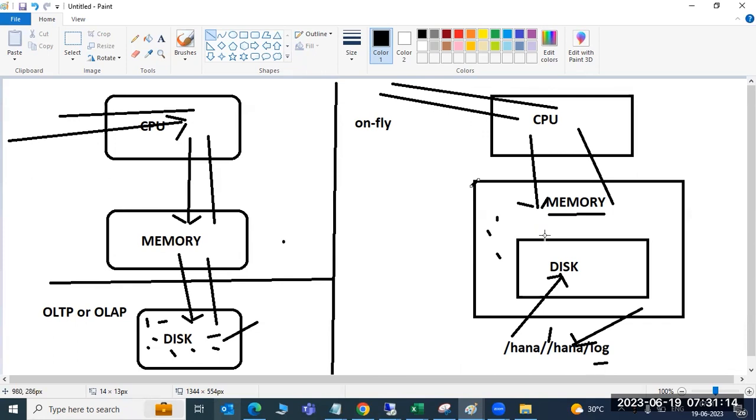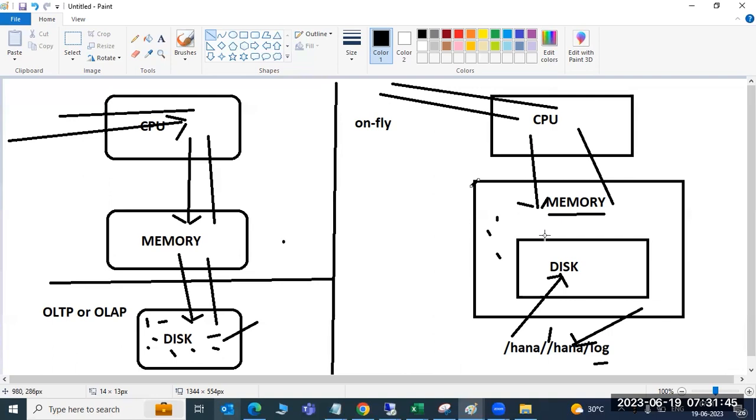Okay, this is a small introduction to the HANA database. HANA is an in-memory based, column-oriented, columnar database. Other databases use row store tables and disk store, meaning they store the data at disk level.